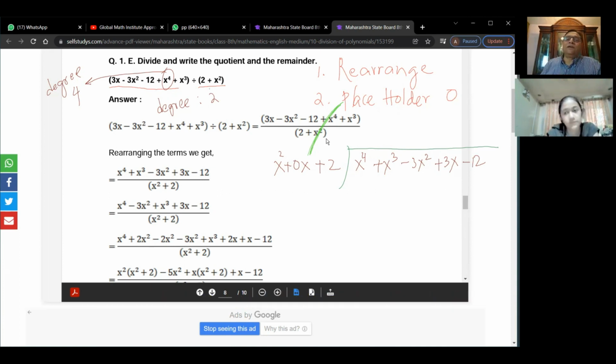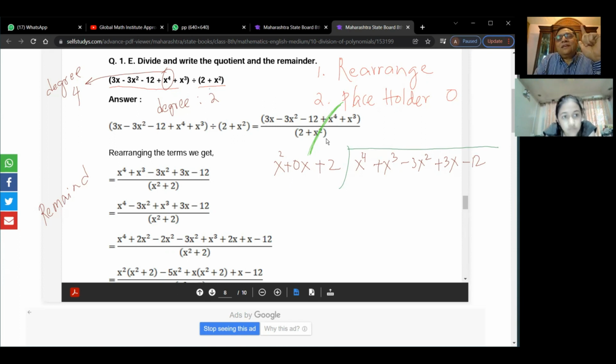So what degree of remainder do you expect? No, not like that. 4 minus 2 is 2, but it is less than 2. The divisor you are dividing with is 2 plus x squared, degree 2. So anything of degree 2 or higher will be divided.